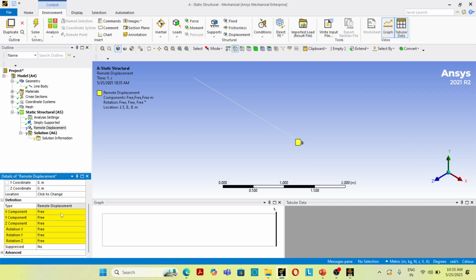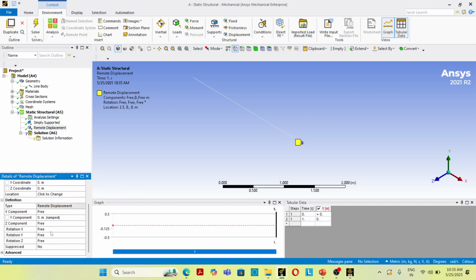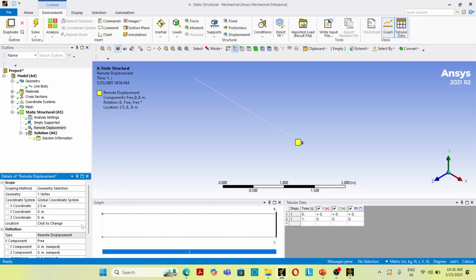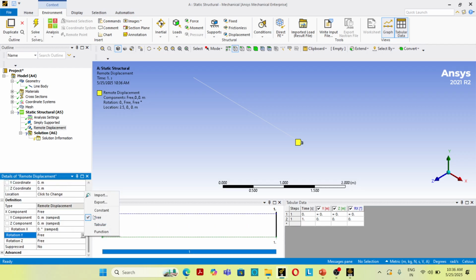So here movement in x direction is free. So in remote displacement we have movement in x direction and rotation in z direction only.